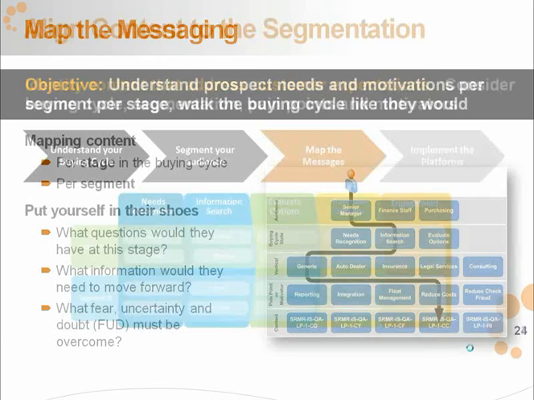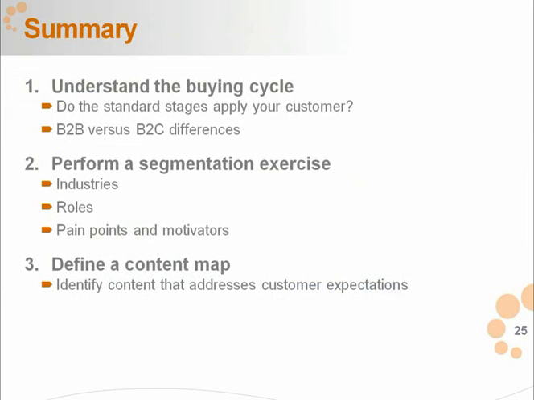So in summary here, understanding the buying cycle is very key to the success of this whole approach. Going through that exercise, getting marketing and sales, sometimes I know it's difficult, in the same room, and getting them to speak about their perception of how the customer thinks about your organization, about your product, how they move through their mindset.